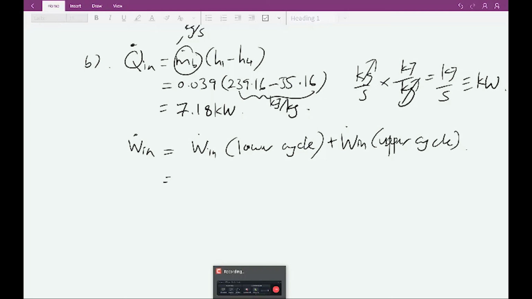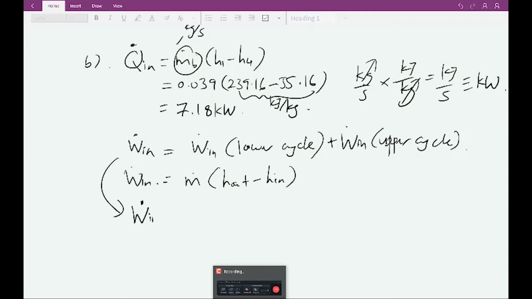So what is the equation for power input? It is based on the mass flow rate, m dot (H out minus H in). This is W dot in. So we do one by one.